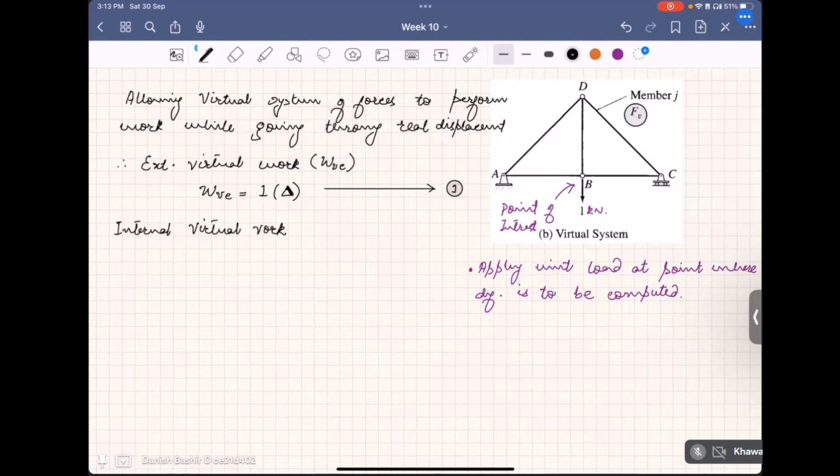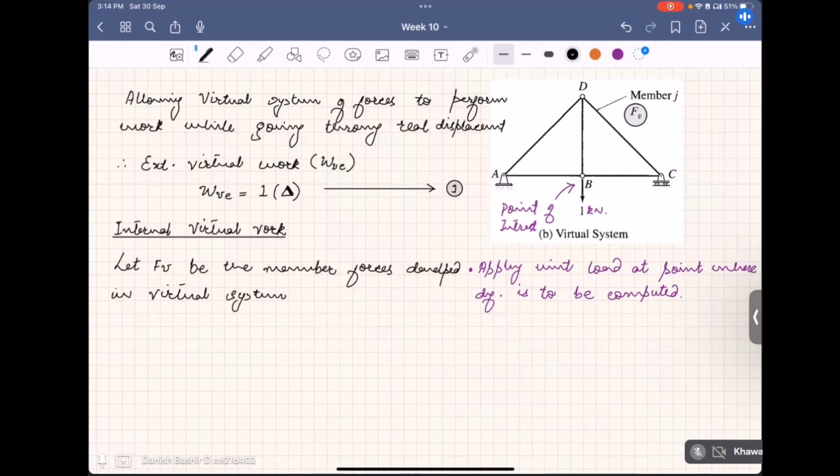For internal virtual work, let FV be the member forces developed in our virtual system. And again, what we will do here is allow the virtual internal system of forces to perform work while going through real displacements.